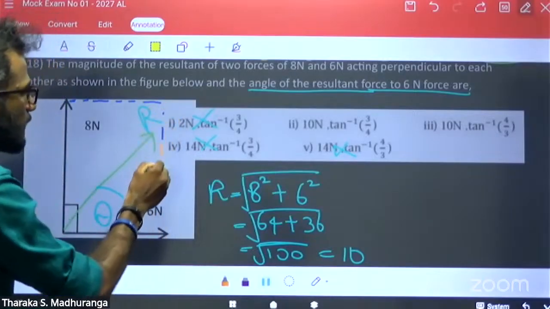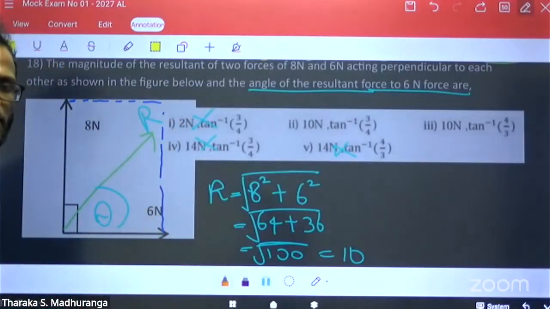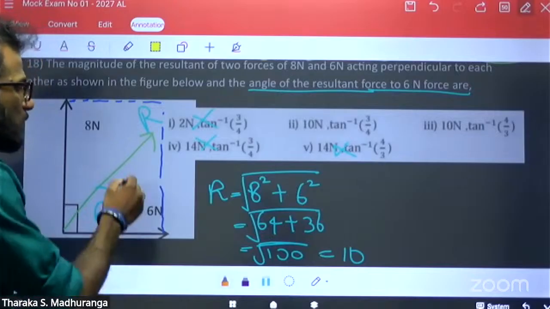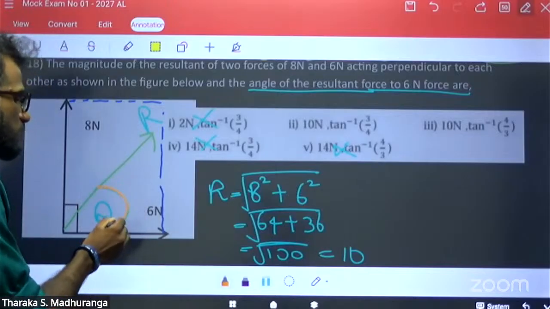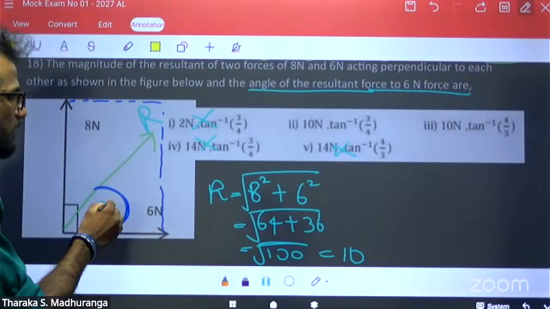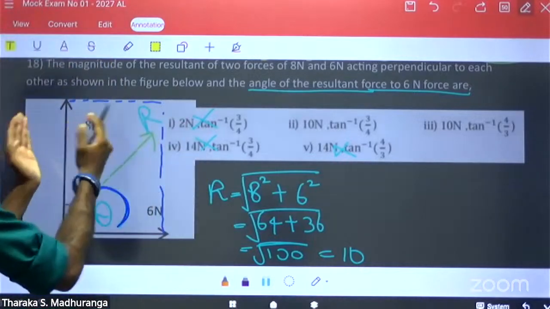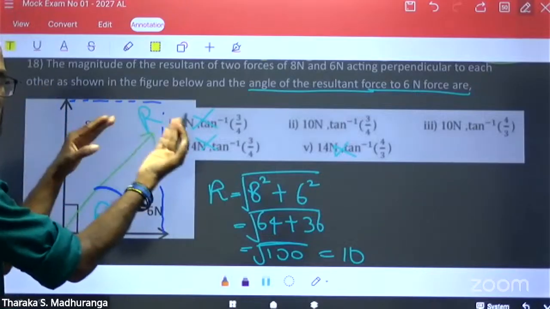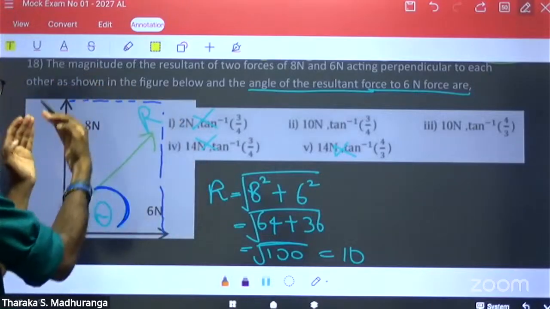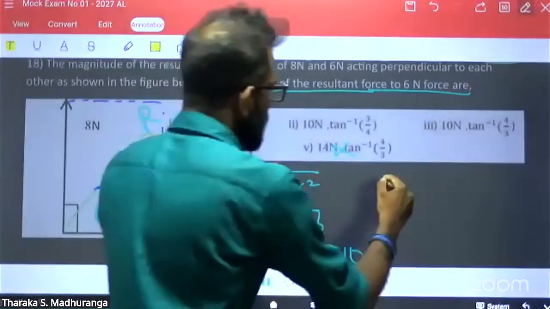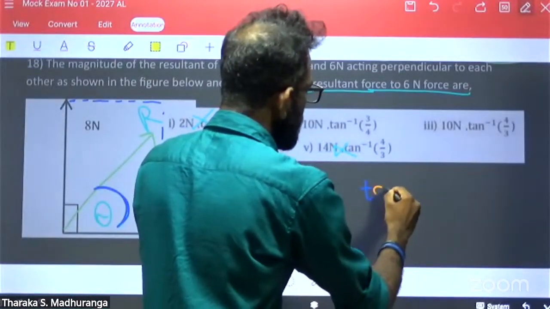Then we need to get this angle. The opposite sides in a rectangle are equal. Therefore, this side equals this side, this one 8.